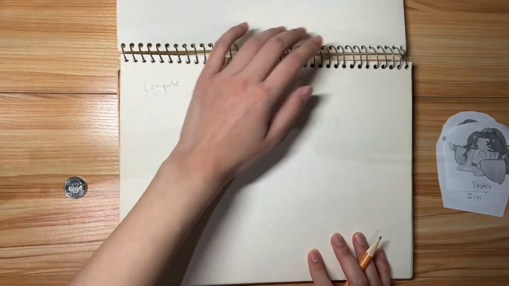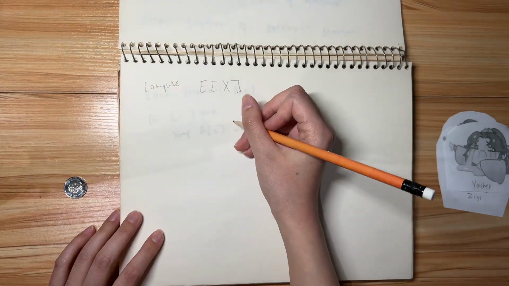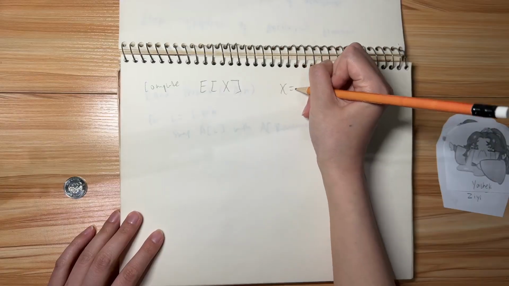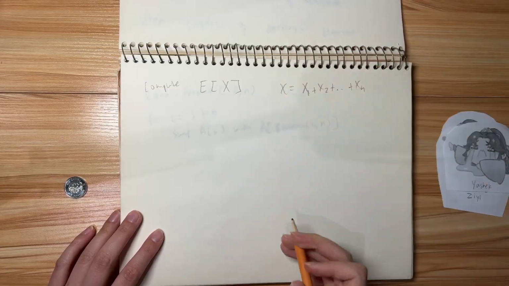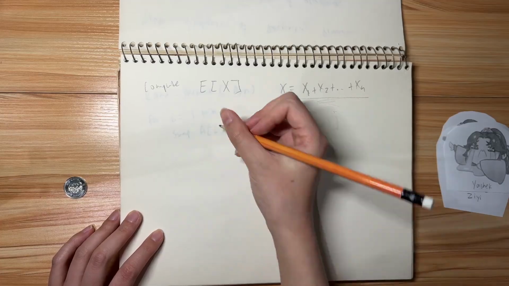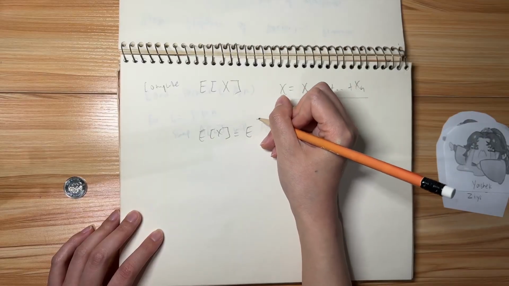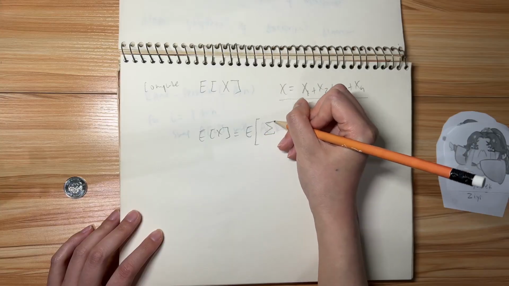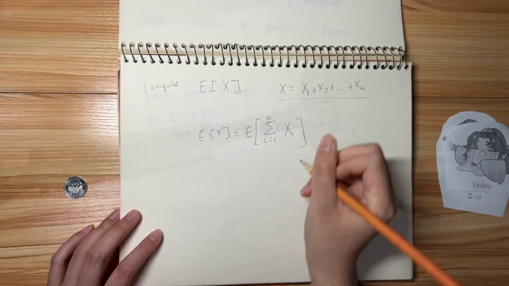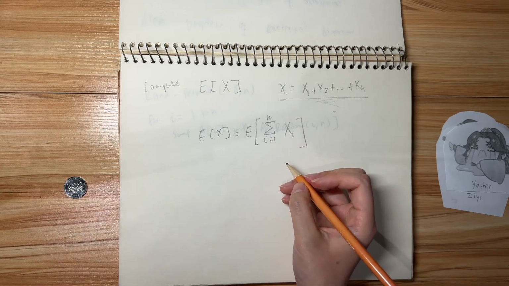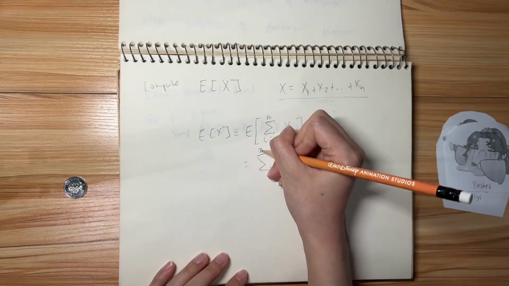All right, now let's compute the expected value. So remember, this expected value is just all of these guys added together. To write this in a more mathematical way, we can use sigma notation. And now we can just perform some math.